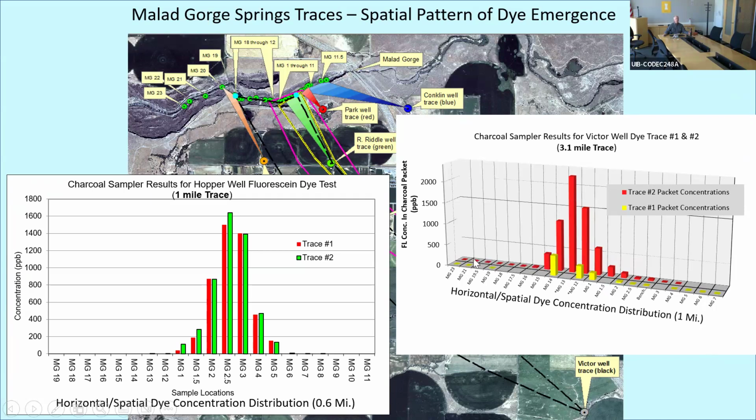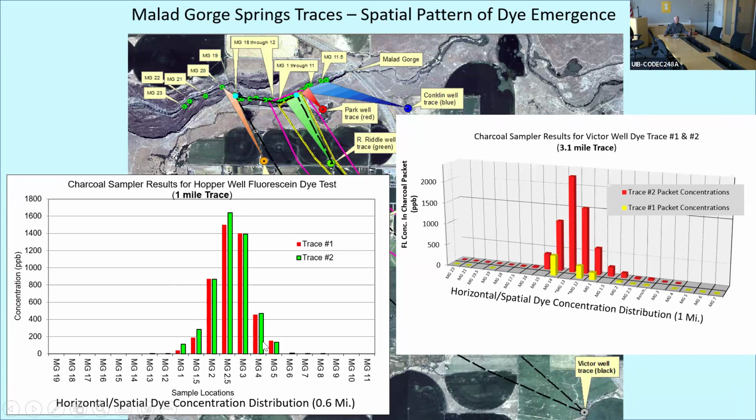So the second trace in red, you can see we hammered all those springs and have a real nice normally distributed bell-shaped curve of dye concentrations from those springs in the Malad Gorge. And we also increased the amount of dye because we saw that this is very weak response in yellow versus the red.